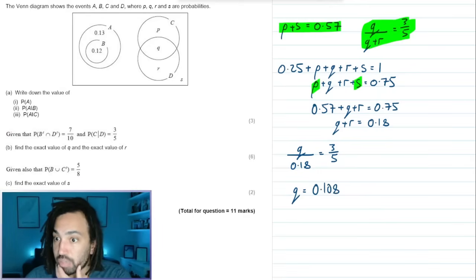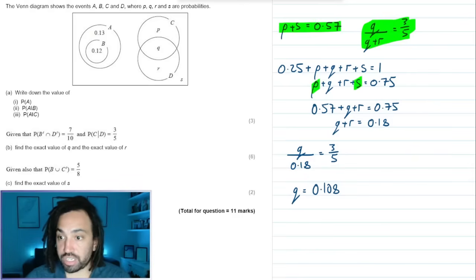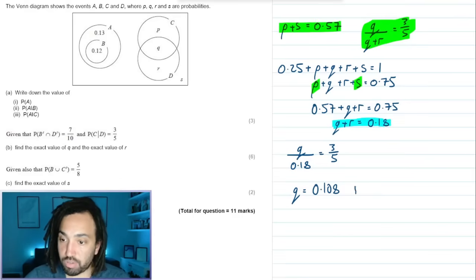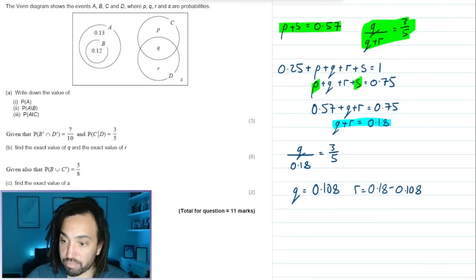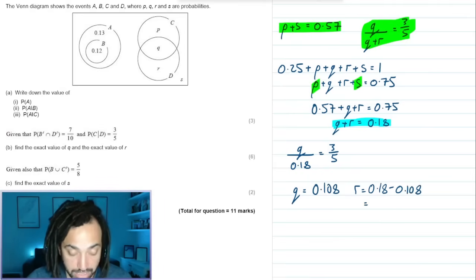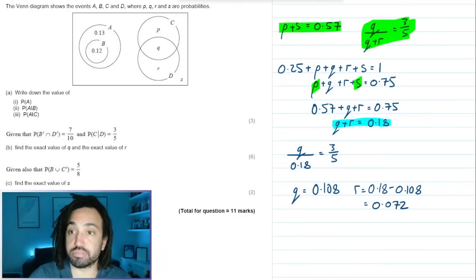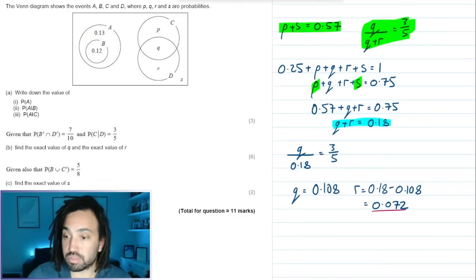Okay, and now we can use that to find R, because we know that Q plus R is equal to 0.18. So therefore R is equal to 0.18 minus Q, which is 0.108, and that gives me a value of 0.072. Okay, great.